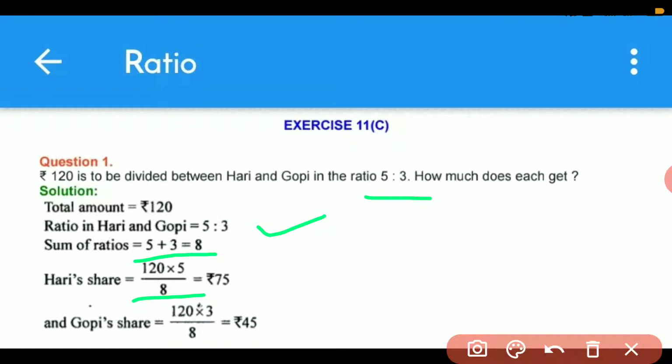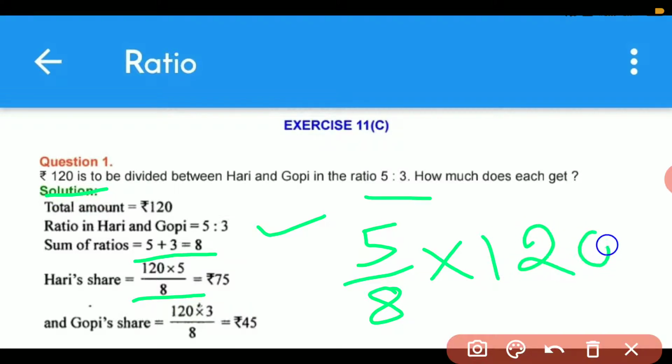So why does this come? Hari is getting 5 parts, right? 5 out of 8, multiplied by the amount given to us, that was rupees 120. So if you cancel this, you'll get your answer.